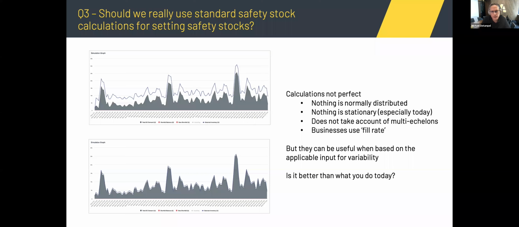Normal distributions make the math easy, but we know in supply chain that many of our items, particularly at a granular item-location level, are not normally distributed. We also understand that things aren't stationary. Demand and the demand variability do shift over time. But that shouldn't stop us from leveraging analytics like this to make better decisions.